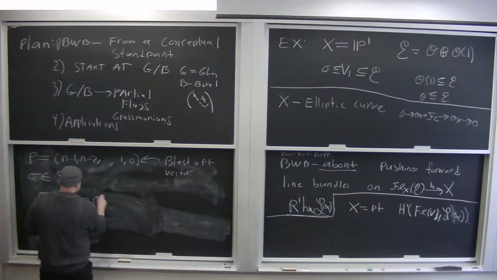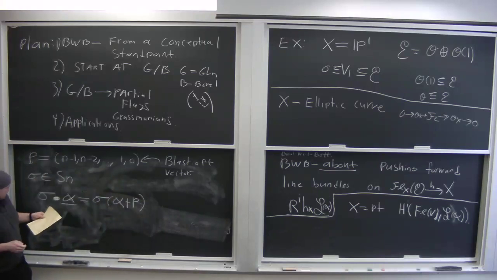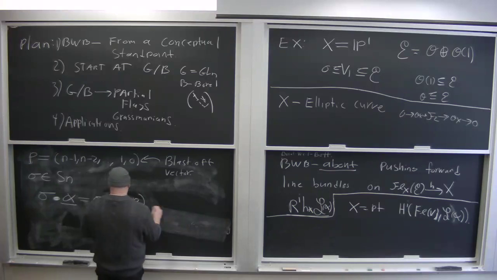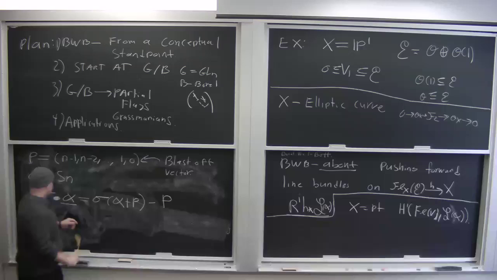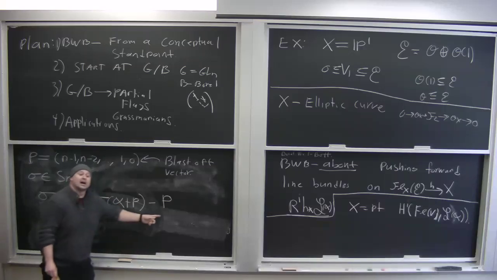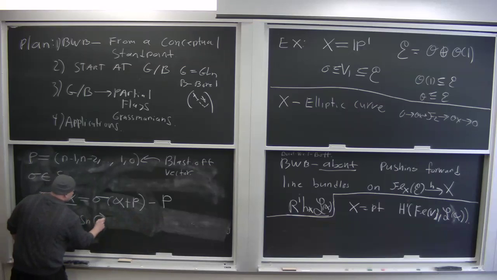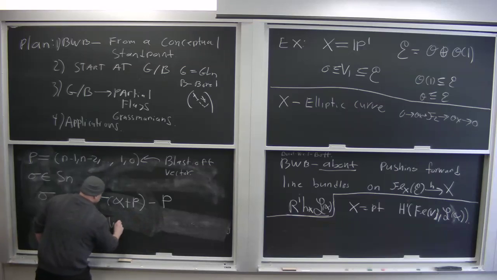It's going to be sigma applied to alpha plus rho, and then I subtract off rho. So I translate it, I apply sigma, and then I untranslate it. And so now we have this dot action of Sn acting on the weights.